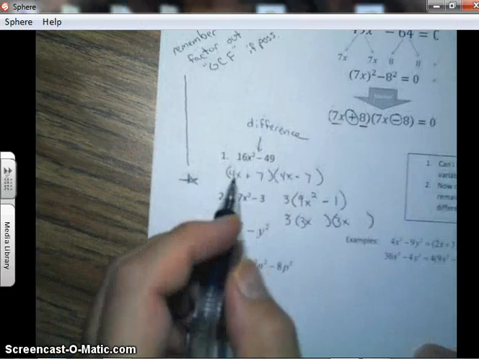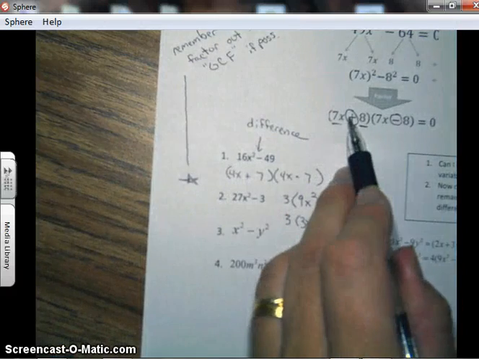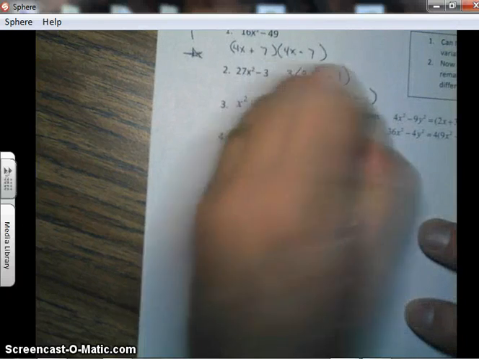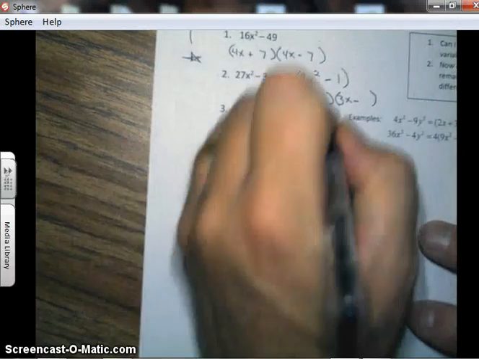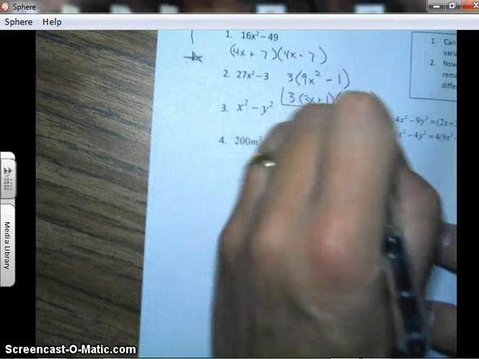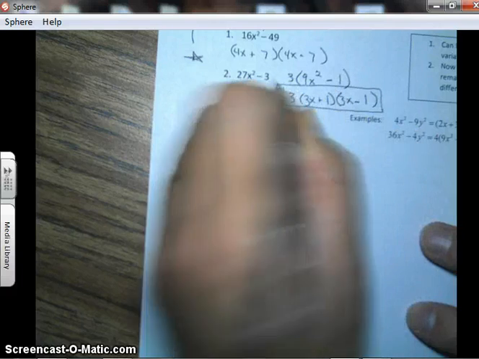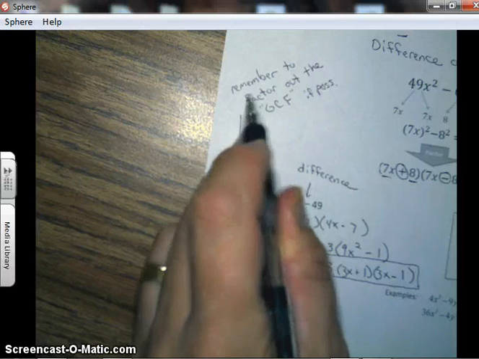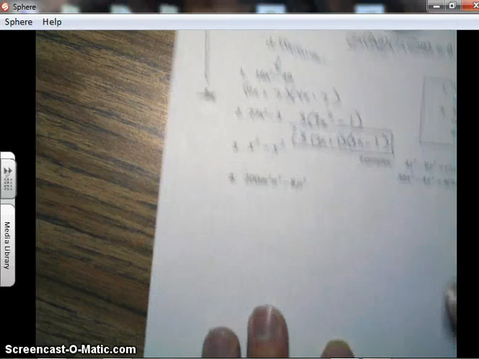And the form, as we've seen above here, we talked about one's plus and one's minus. And then 1 breaks down to 1 times 1. And there you go, completely factored. Okay, very important. Remember to factor out the greatest common factor if possible.